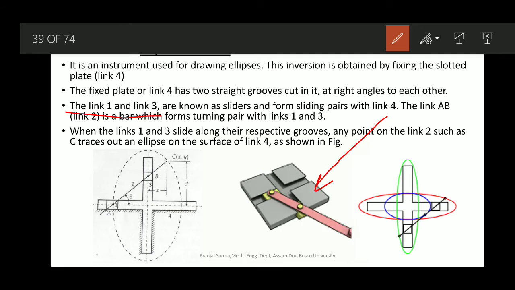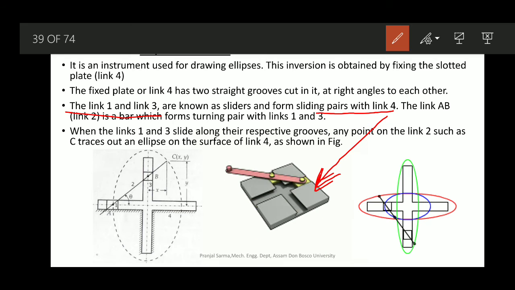As you can see from the GIF, link 1 and link 3, which are the sliders, during the course of their motion have sliding motion with respect to the base, link 4.